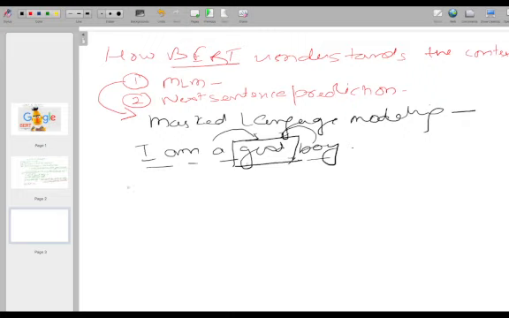The next thing is next sentence prediction. The other objective was next sentence prediction. So next sentence prediction means if you pass a sentence like I am a good boy, but, it will try to predict what can come after but.